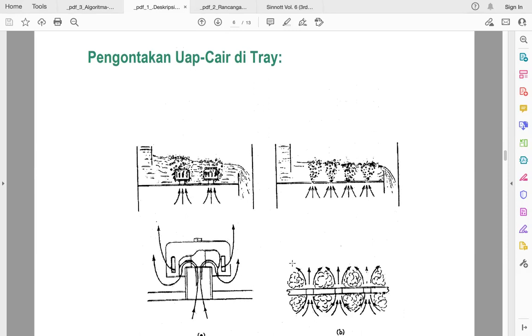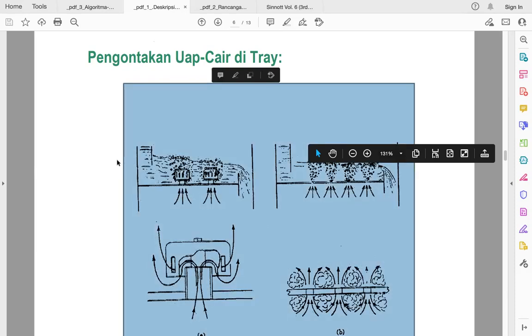Okay, so this is an illustration of liquid vapor contact in a tray. This is for the bubble cap. So if, for example, this is the liquid, you have the vapor rising up there, and first it will go to the inside of the bubble cap, and then leave out through those holes around here before it rises up.